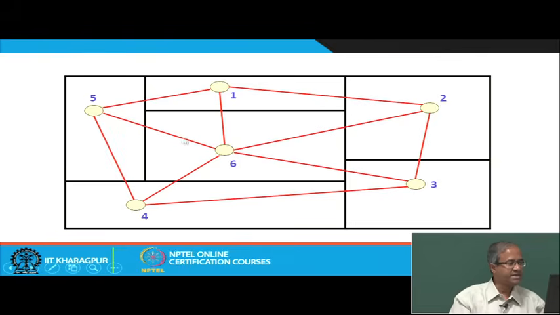A higher weight means that is a more preferable path to follow, because that boundary has higher capacity. So, we are trying to find a path which has the maximum weight. There are many graph algorithms existing for maximizing the path weight. For example, for this problem, maybe you see that your best path will be 5 to 4, 4 to 3.